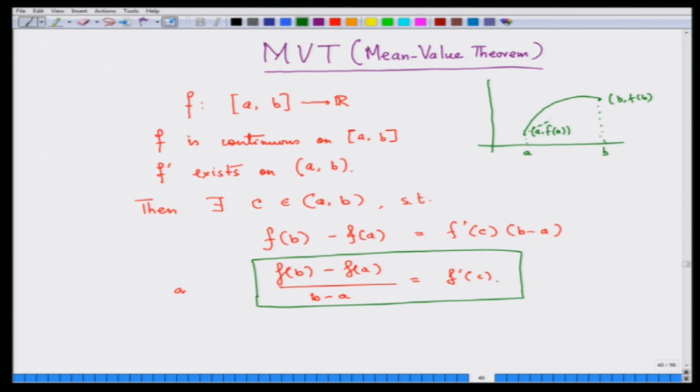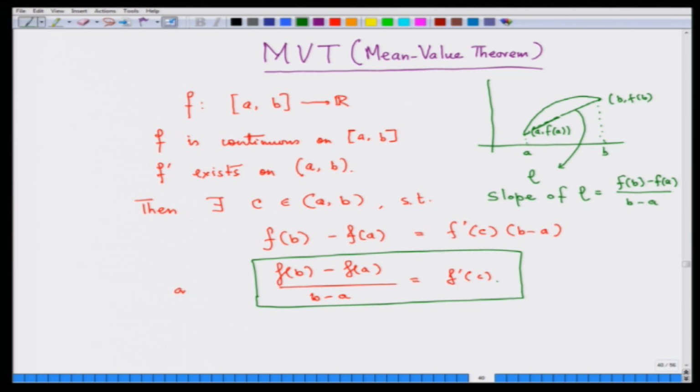Now let us join these two endpoints (a, f(a)) and (b, f(b)) of the graph by a straight line. If I write this line as L, then slope of L is equal to (f(b) minus f(a)) by (b minus a).